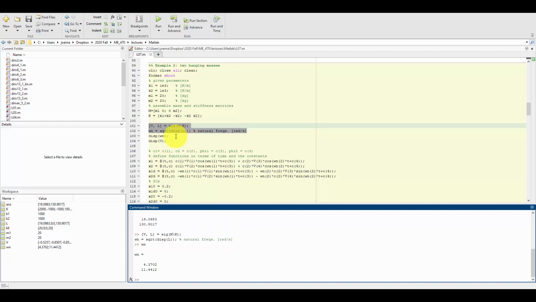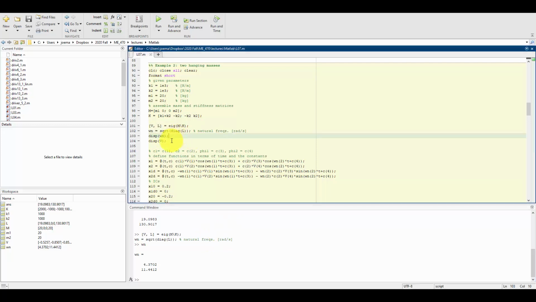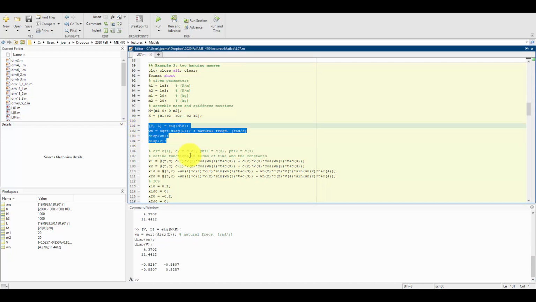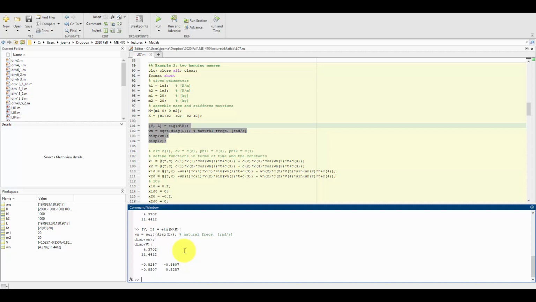While we're here, we can also look at the eigenvectors, which will tell us the mode shapes. Again, that's what I'm saving as V here. So we see the V that comes out. We have the first column, about negative 0.526, negative 0.851, and the second column, negative 0.851 and positive 0.526. In this case they're actually negative reciprocals of each other, and that's coming from the symmetry in the problem.